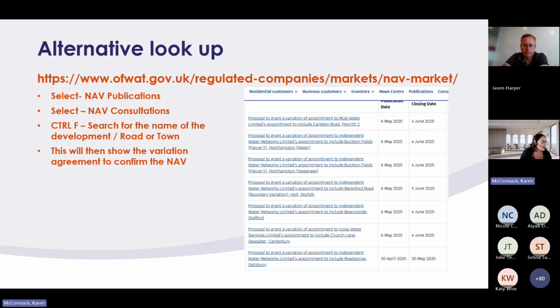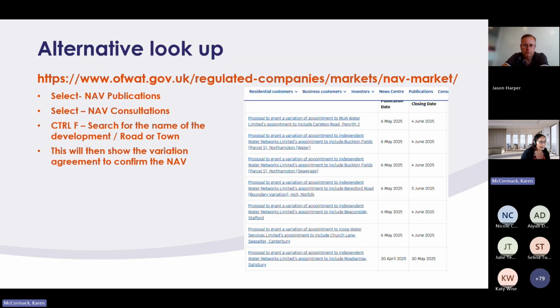Unfortunately, you can't search by postcode, because most of the NAVs, when they're applying, do so through a development name or road or town. So it's not the friendliest to search through, but you can have a look. If you know the name of the development, it will give you the details of who's applying to be the NAV. So it's just another alternative lookup, and this should have all the latest applications so you can see what's coming through.